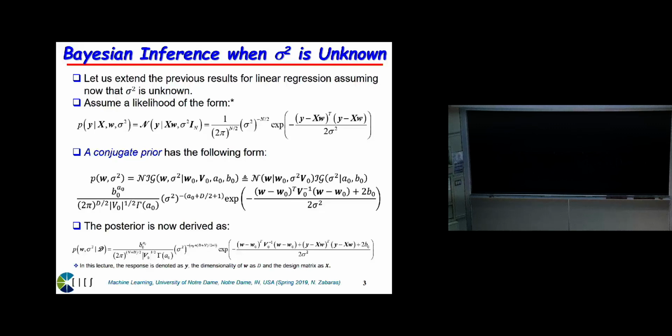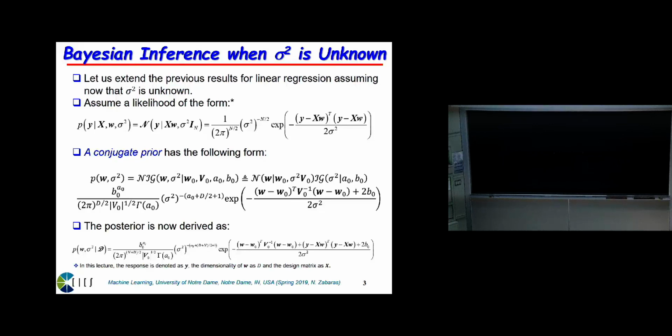So this distribution altogether is called a normal inverse gamma, and it is the conjugate prior to a Gaussian likelihood. So remember, I gave you a Wikipedia link. If you go there, you will see basically this, and it will show you what the posterior looks like. So let me take you through the results.